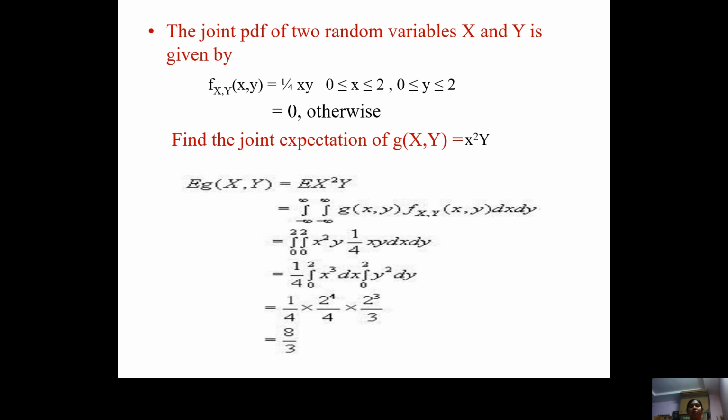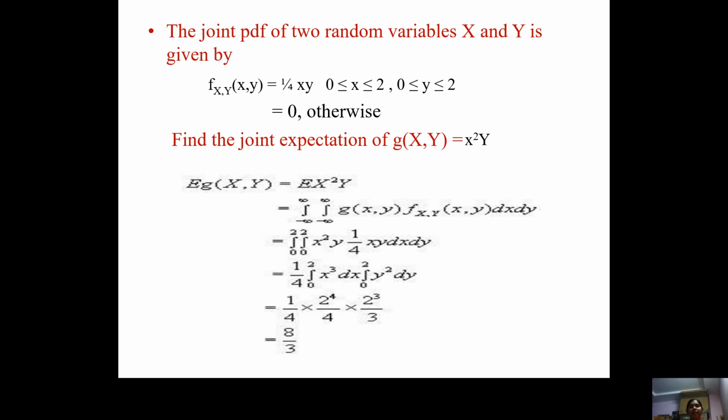So 1 by 4 into, actually when we apply the limits here, what will happen? x power 4 by 4, so 2 power 4 by 4 minus 0 power 4. We have to first substitute the upper limit, which is 2, then minus 0 power 4. 0 power anything is nothing but 0, so we just eliminated that.